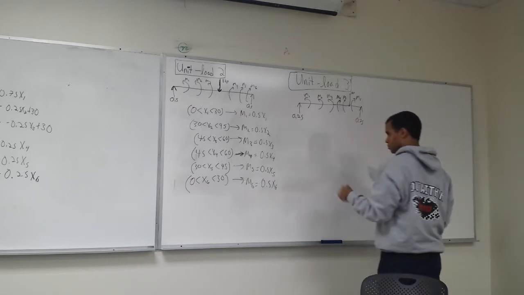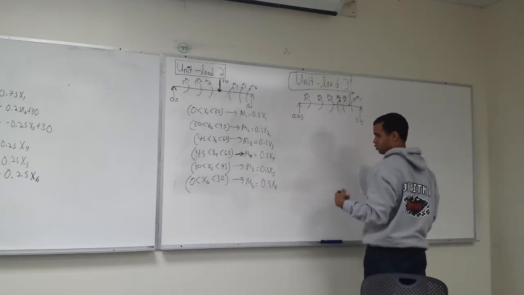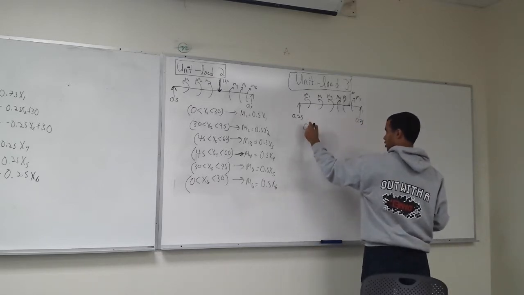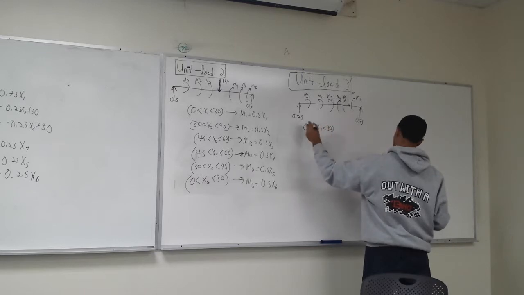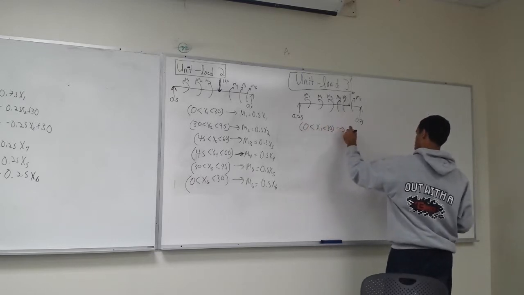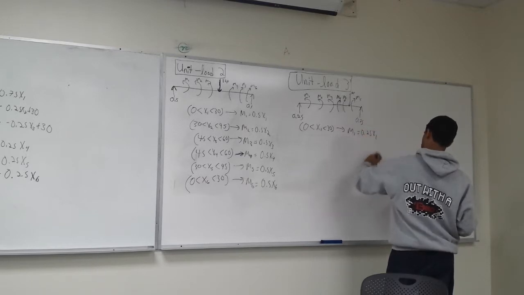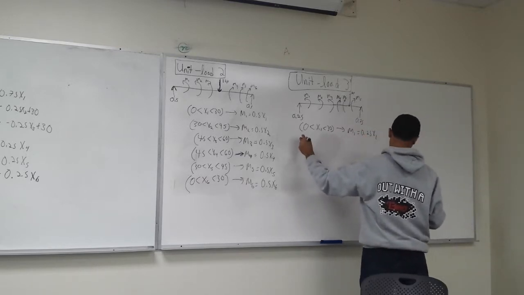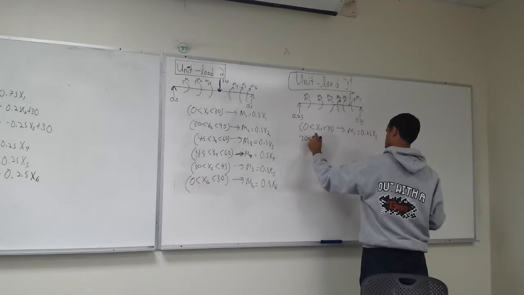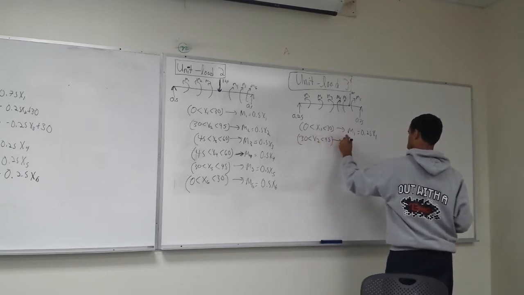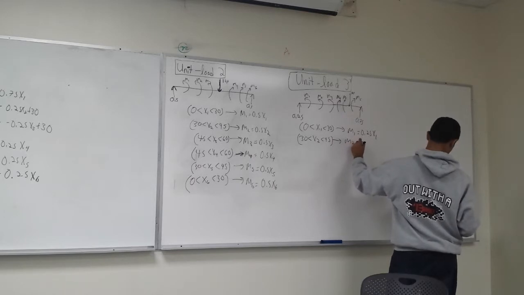So again, we do what we've been doing for the past 20 minutes or so, writing our moment expressions. 0 to 30, we have moment 1, 0.25 times x1. From 30 to 45, we have moment 2 is equal to 0.25 times x2.